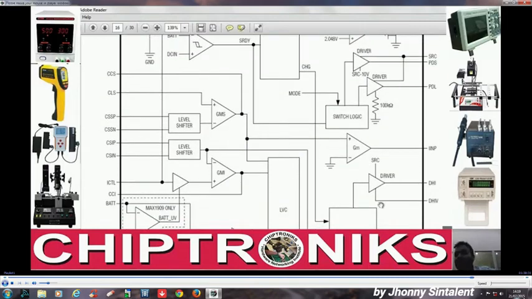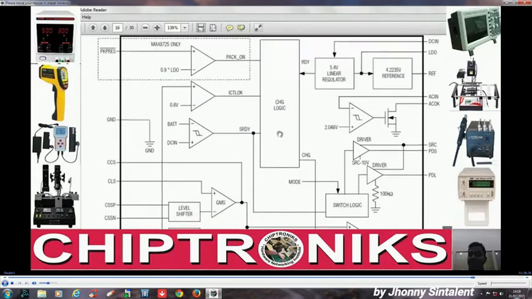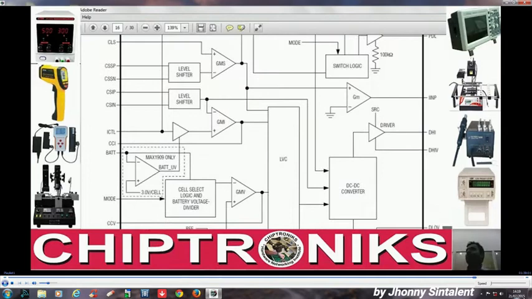If DHI is not generated, either the internal DC to DC converter is faulty, or the charge logic is faulty. Or if charge logic is okay, it might have been given a PK press signal. The battery may be faulty, the battery temperature would be high, and this would have pulled PK press high, and this will disable charging logic. It disables charging logic, that means no DHI and no DLO is present.